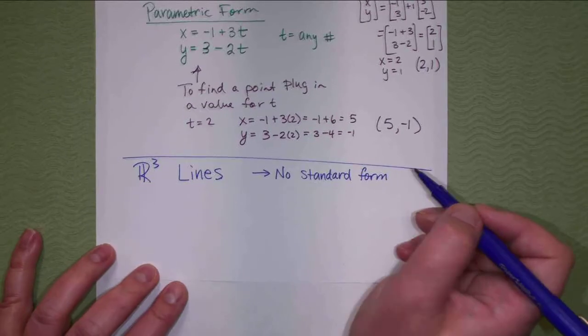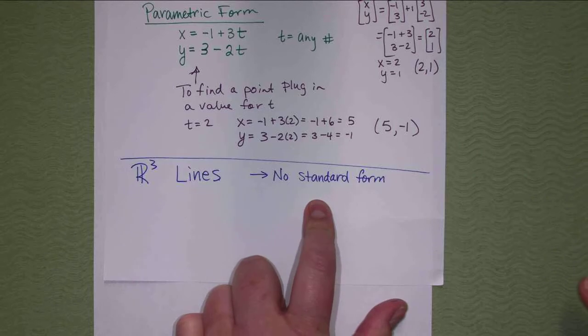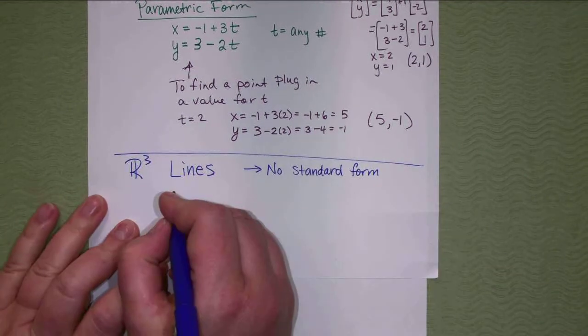We saw that already earlier when the y was 0. It's like a plane going up and down. It didn't move to the left or right. It's still a plane. It's not a line when one of the letters is missing in R3. There's no standard form for lines in R3, okay? They're still planes. So, vector form.